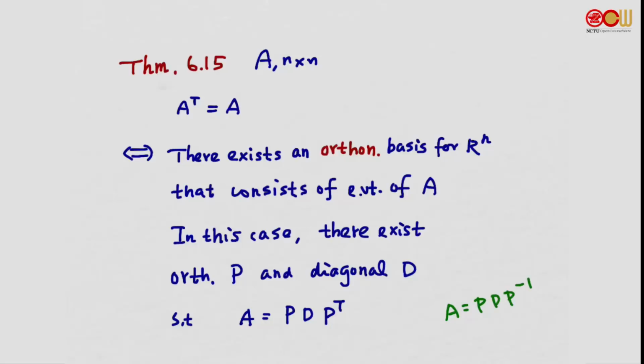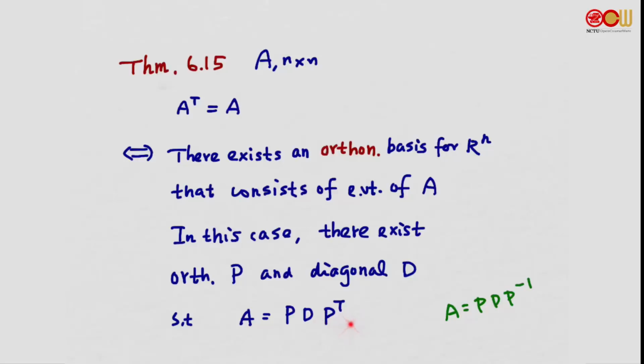And remember, the diagonalizable result is P D P inverse. When we talked about diagonalization in chapter 5, the P matrix was an invertible matrix, but with symmetric matrices, this P matrix can be chosen as an orthogonal matrix.